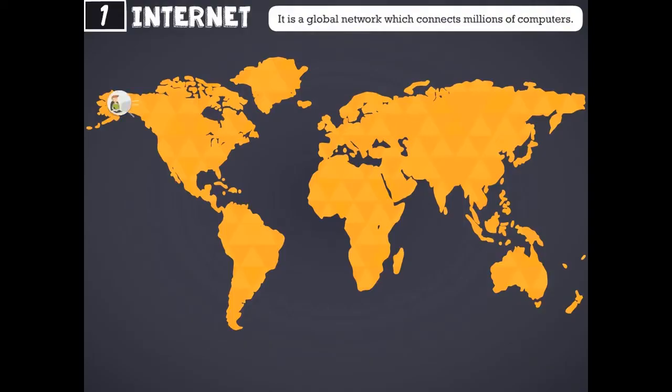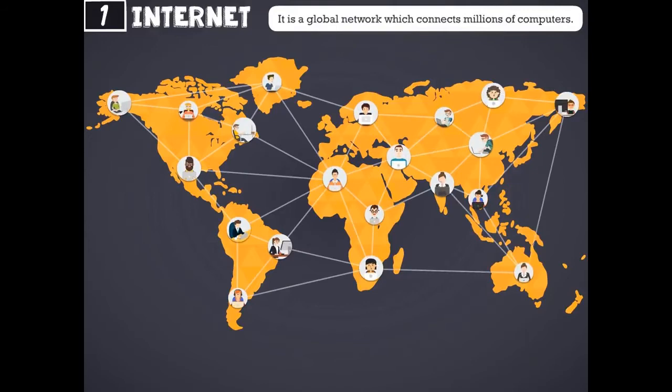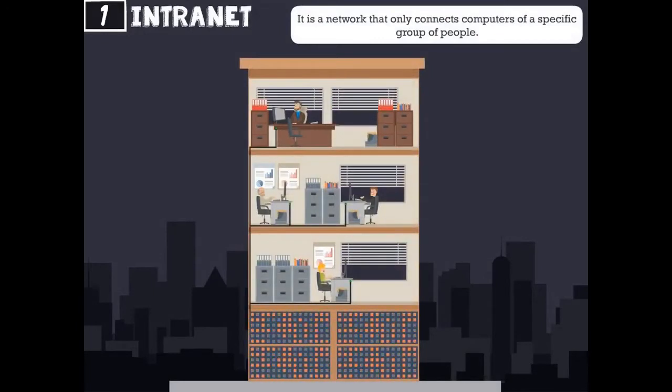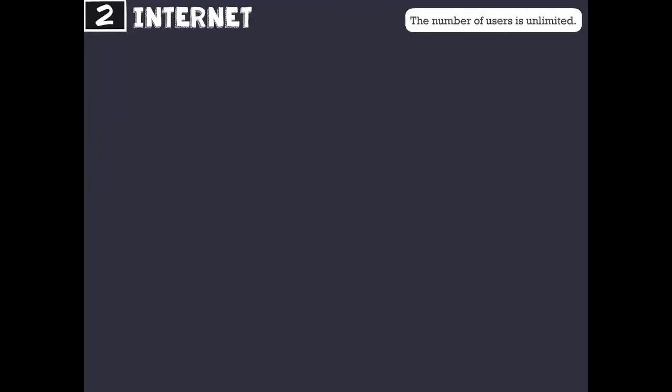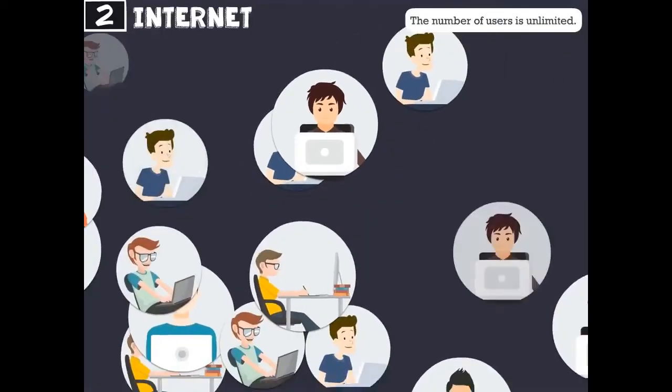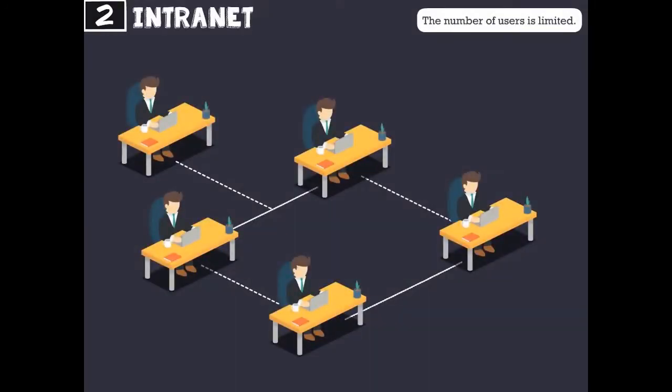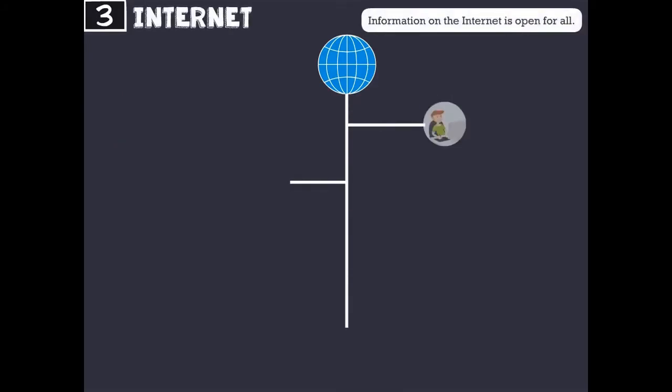Internet. It is a global network which connects millions of computers. Intranet. It is a network that only connects computers of a specific group of people. Internet. The number of users is unlimited. Intranet. The number of users is limited. Internet.